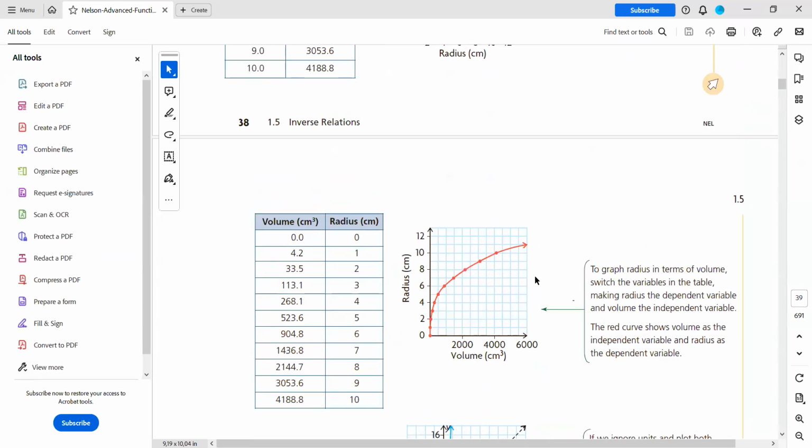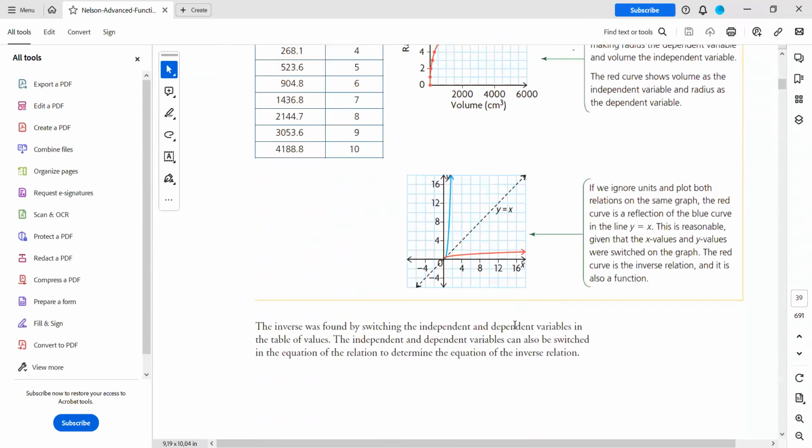Remember that you can take the inverse relation from any given expression, but not all inverse relations are going to be functions. I understand that may be confusing, but remember that one of the basic tests for a function is whether there is only one y value with respect to each x value.